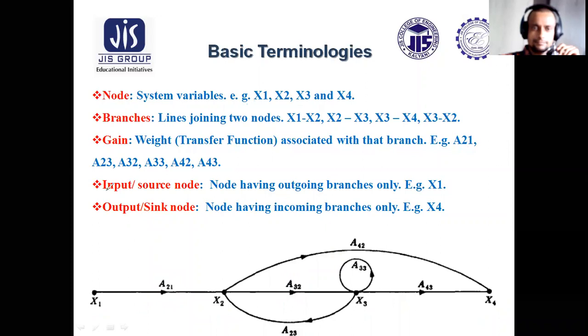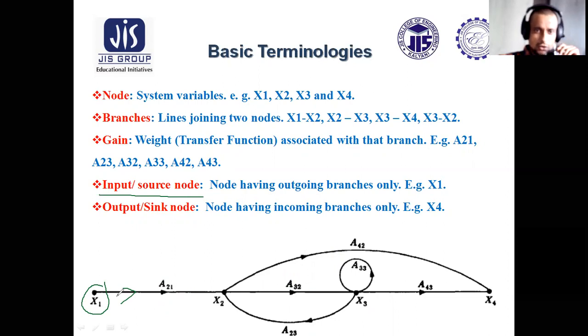Next, input or output node. First, let us discuss about input node or source node. See, this X1 is having only outgoing branch. No branch is entering at X1.